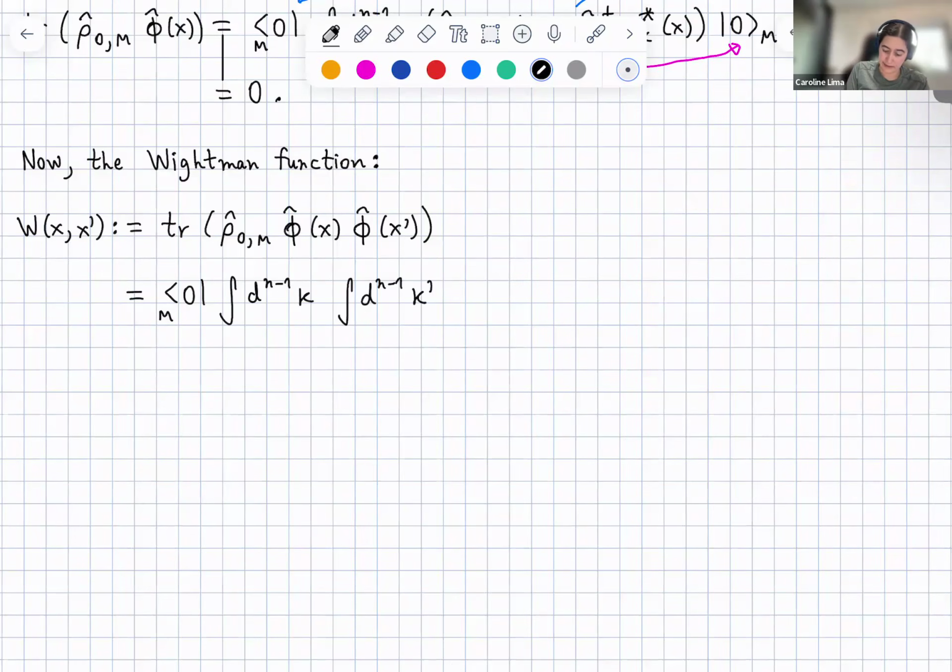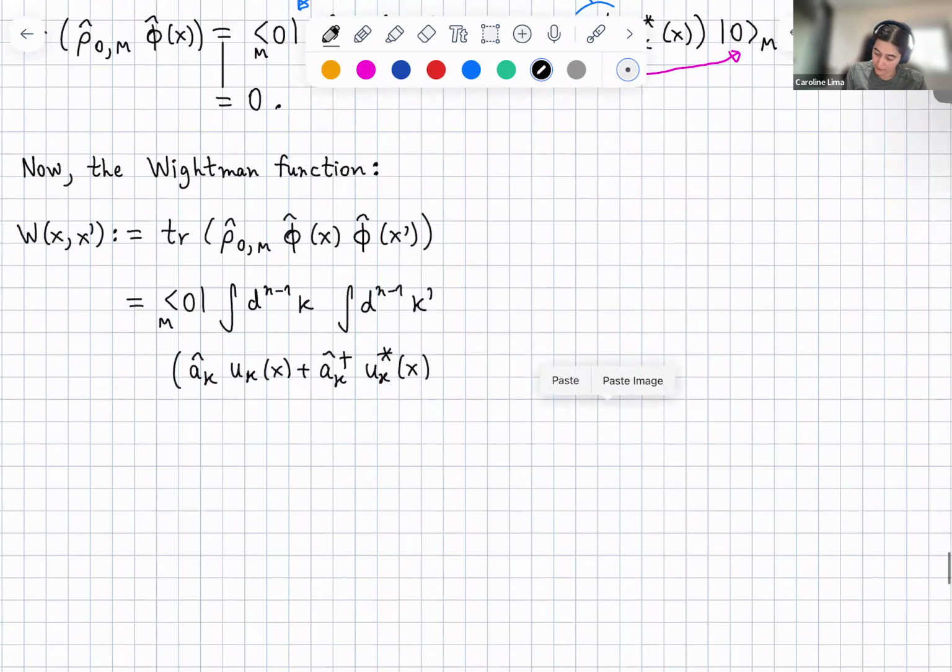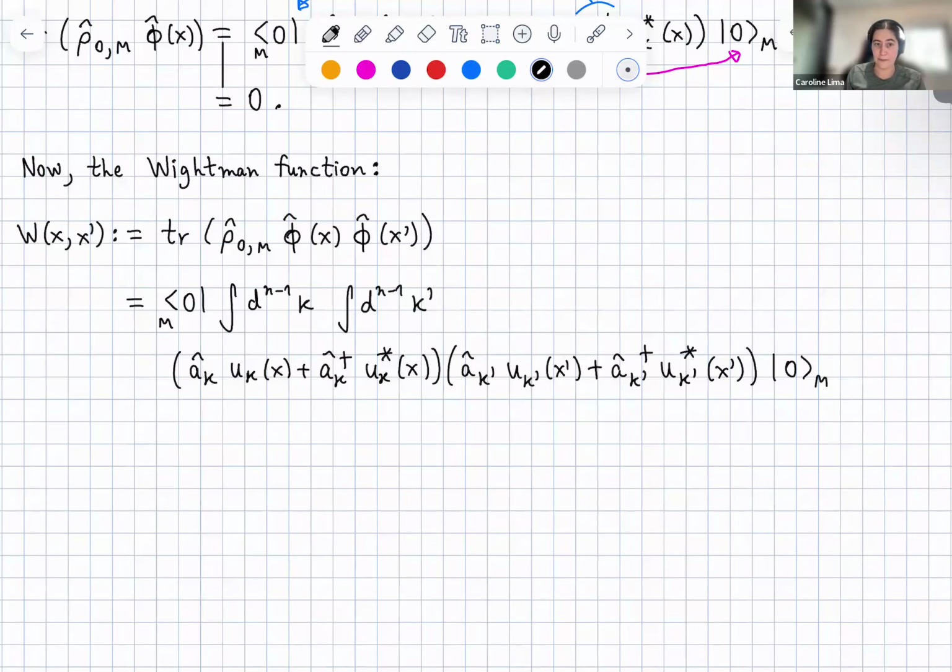And I'll write in this other line: a_k u_k of x plus a_k dagger u_k star of x, multiplied by a_k prime u_k prime of x prime, plus a_k prime dagger u_k prime star of x prime. Okay. And acting on the Minkowski vacuum as well.